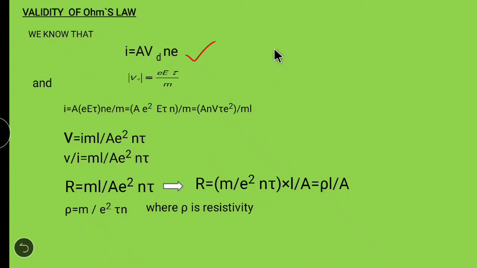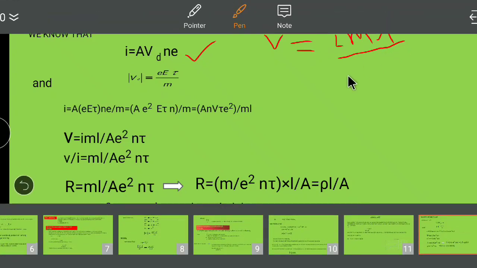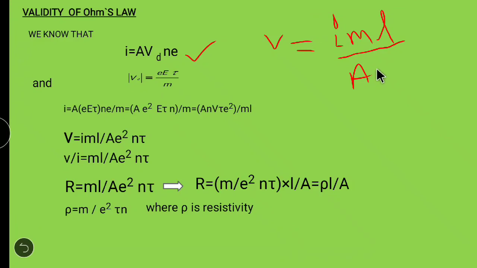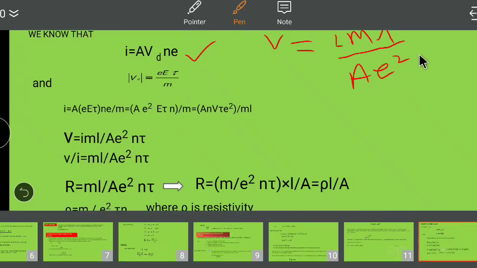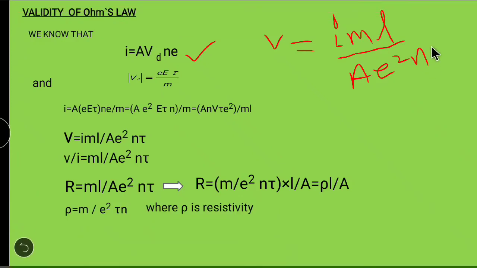So students, what we will get, see here, V is equal to I m L upon A e square n tau.